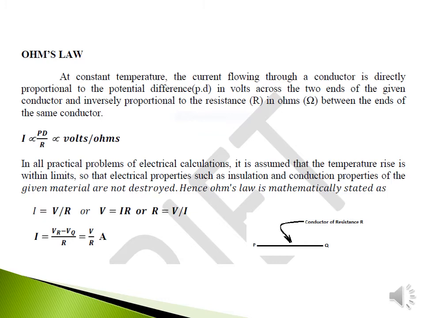Hence, Ohm's law is mathematically stated as V is equal to I into R, or R is equal to V by I, or I is equal to V by R. We will see the relation between these in the upcoming slide.